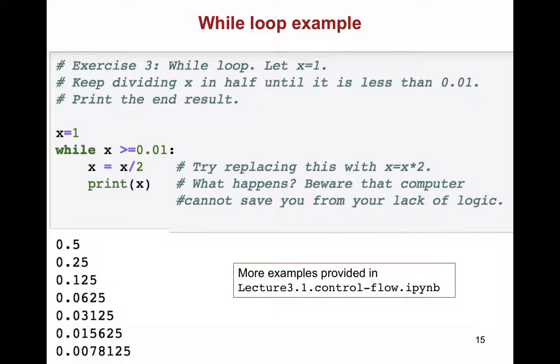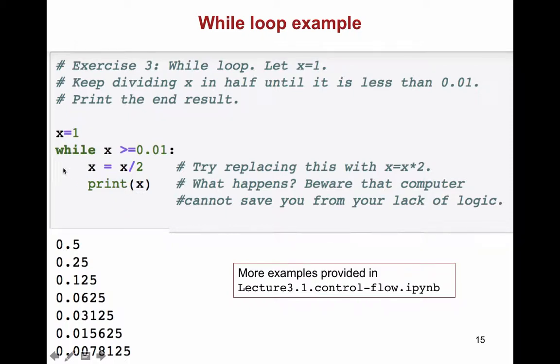So the syntax for this while loop is: while some expression is true, so this is my logical expression, similar to the one that I use for if statements. So something that I can evaluate as true or false. So while this is true, colon is an important part of all of these, anything that has a block structure afterwards.